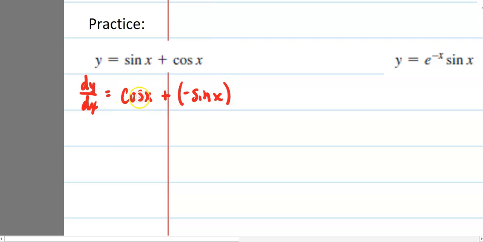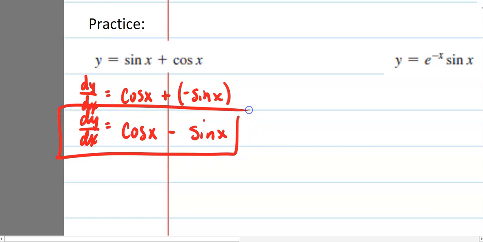Now you might want to simplify this a little bit further, or you might take the chance of submitting that to Math Excel if this is a question that you see there. But more often than not, instead of adding a negative sine of x, we would write this as cosine of x minus sine x. So the derivative of y with respect to x is cosine of x minus sine of x.